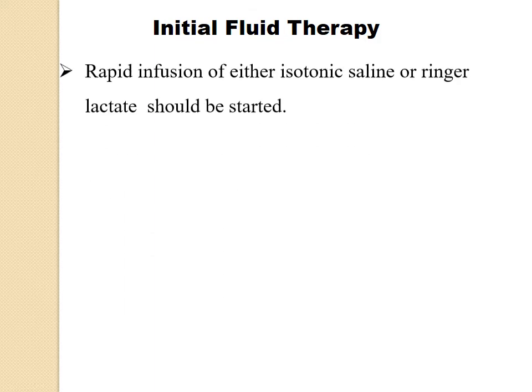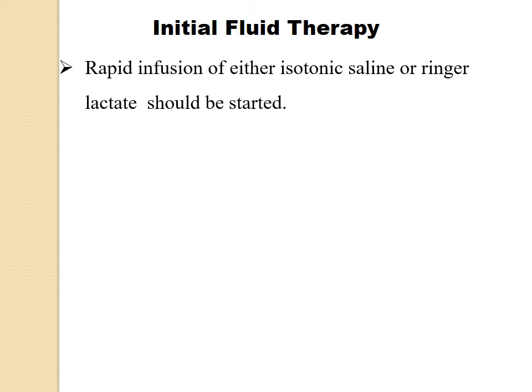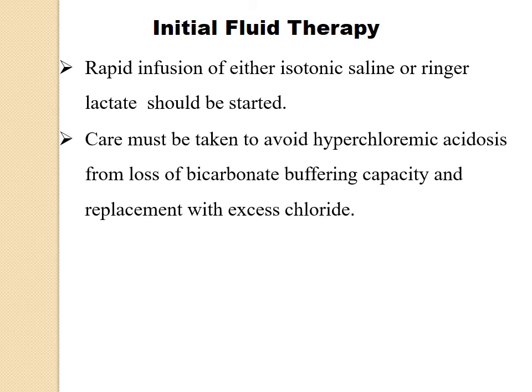So, in the initial management of hypovolemic shock by fluid therapy, what we should and should not do. First, a rapid infusion of either isotonic saline or Ringer lactate should be started.